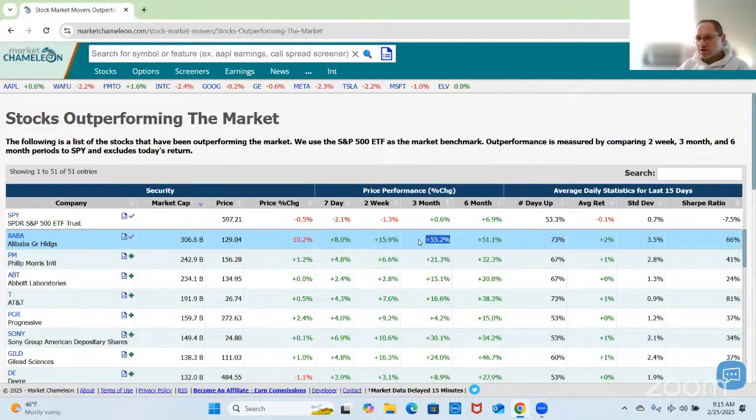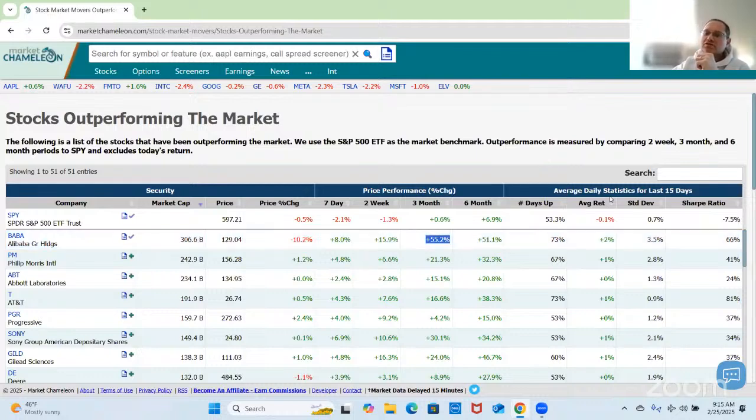Maybe on a daily basis it may not look the same. Let's say they had an announcement and the stock got repriced, up 100%, 200% in 1 day, and then since then it's been underperforming. We'd want to know that as well. So that's why we look at daily statistics.